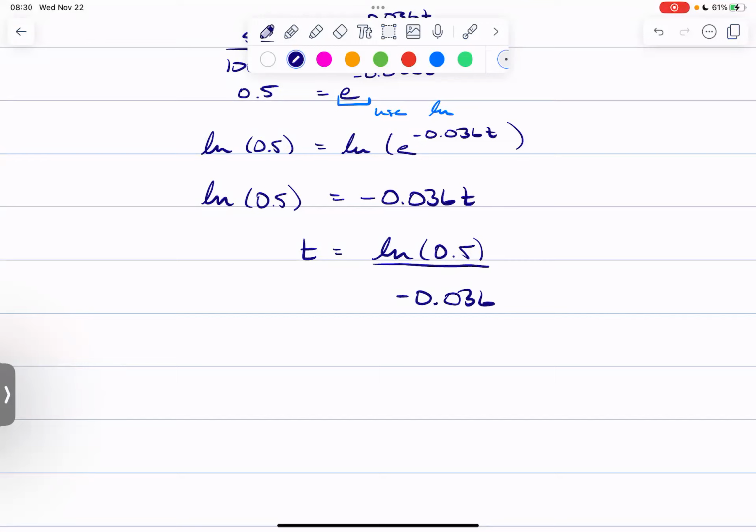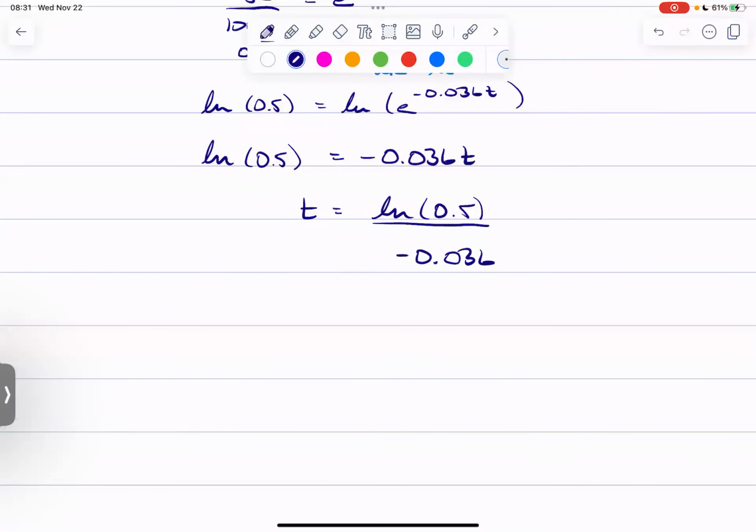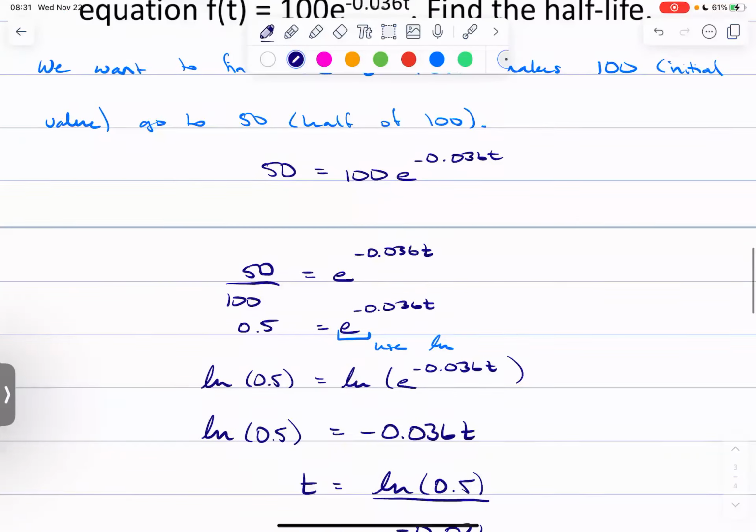Let's see here. Natural log of 0.5 divided by negative 0.036 puts me, unless I did something weird, at 19.2540885.